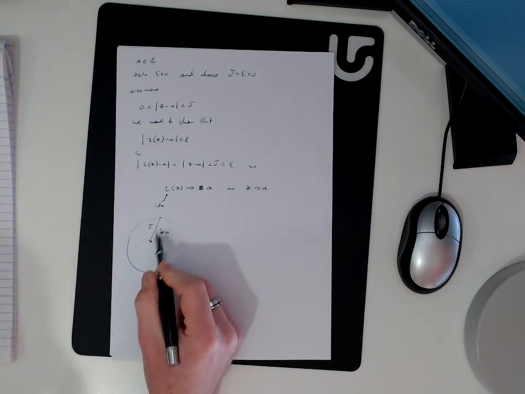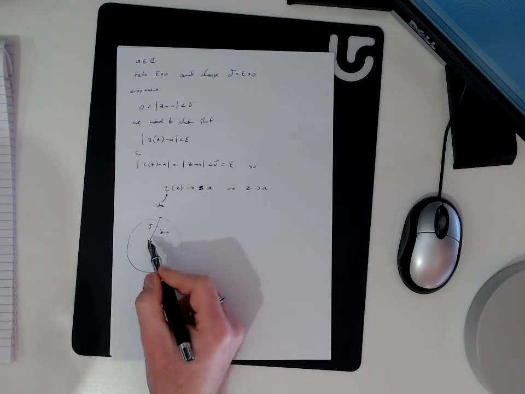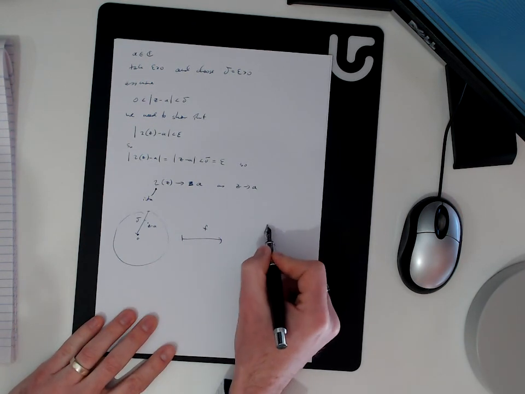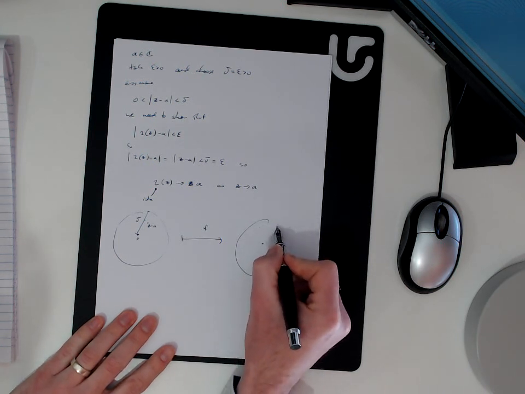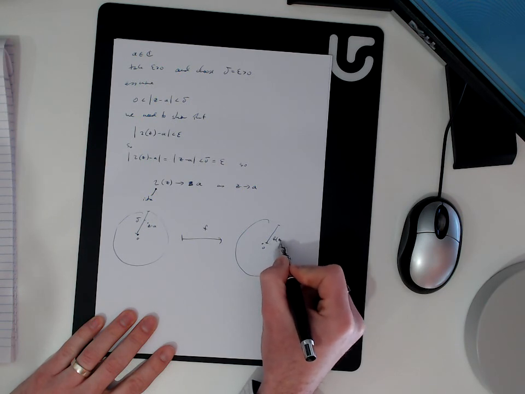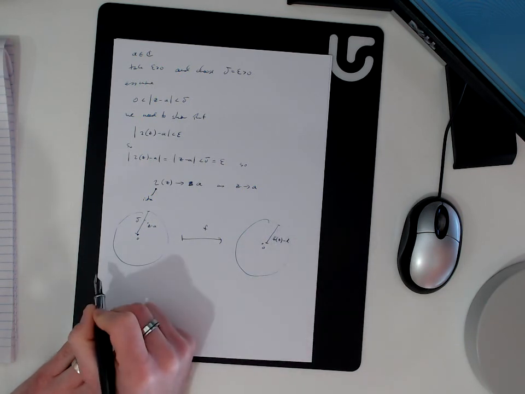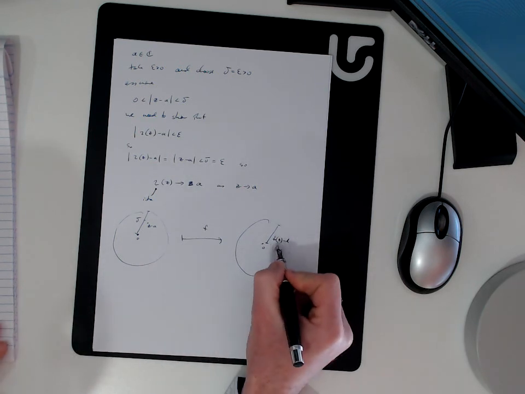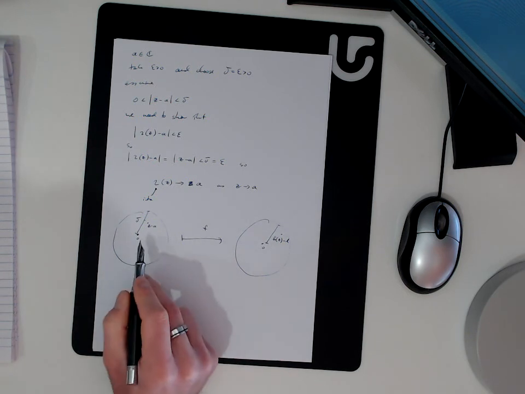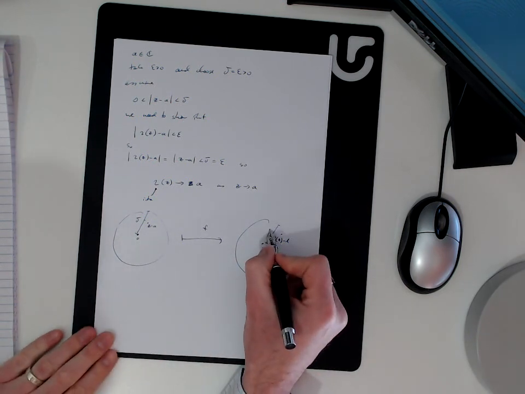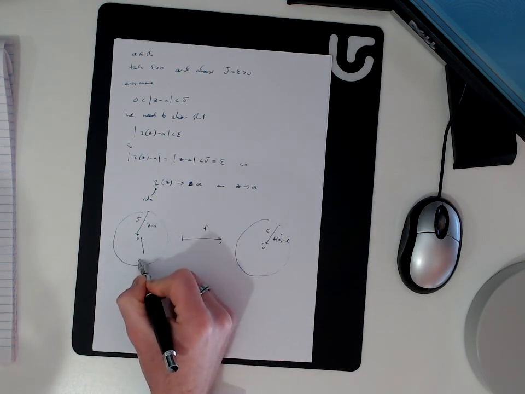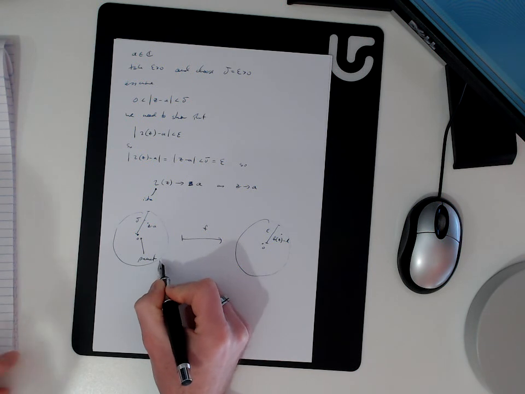So we have some delta neighborhood, and we say z minus a is in the delta neighborhood of 0, and f has to map the delta neighborhood of 0 into the epsilon neighborhood of 0. And remember, this is a punctured disk, so 0 is not actually in that neighborhood.